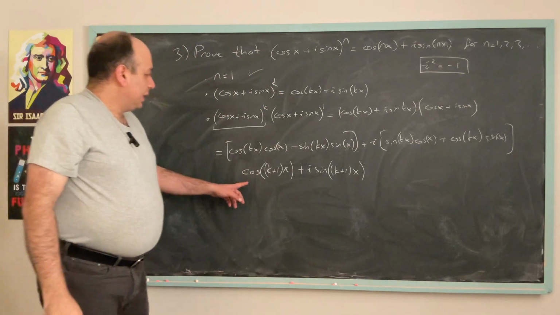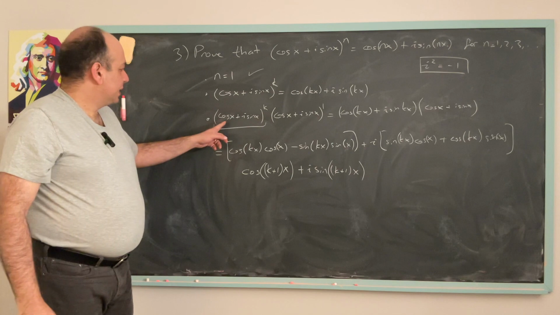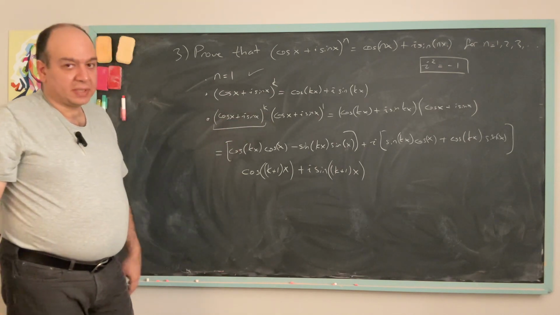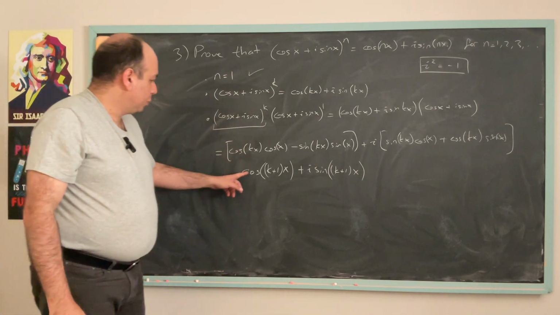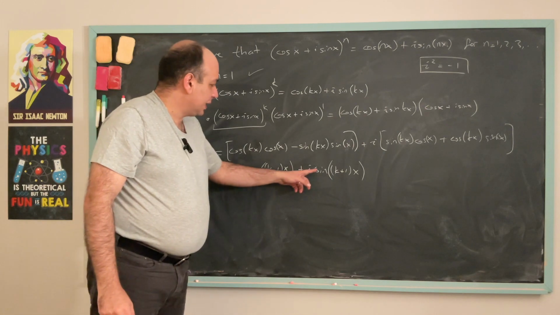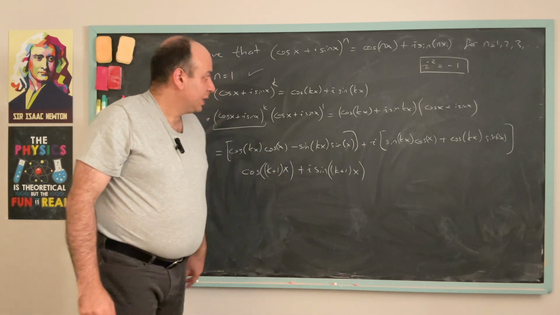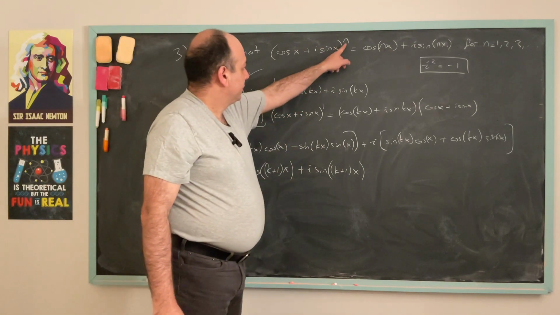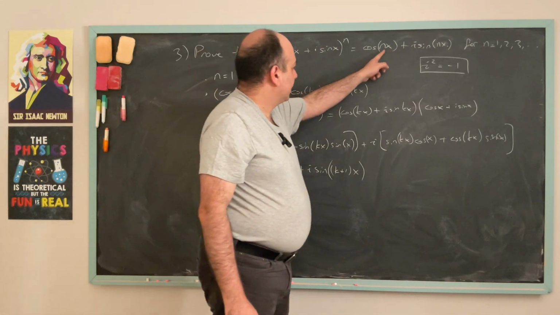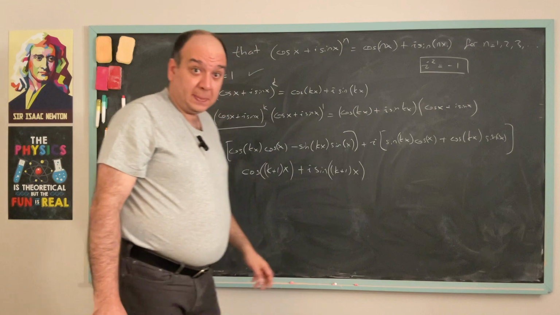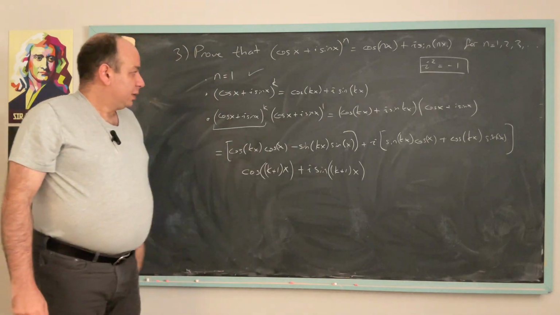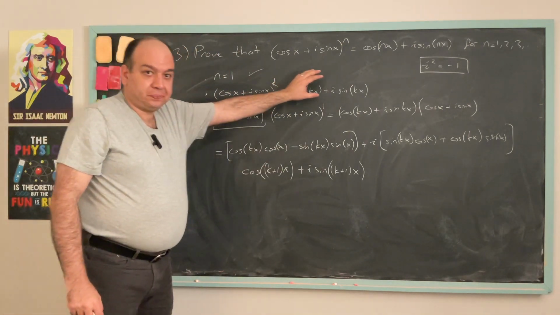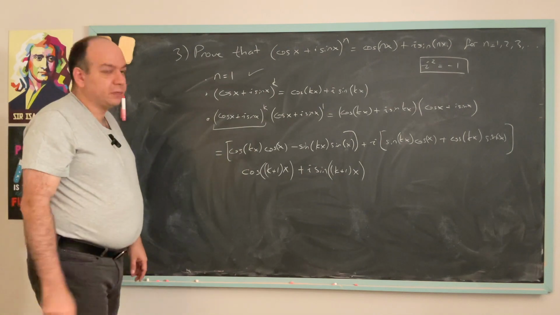And as you see, we prove that cosine x plus I sine x to the power k plus 1 is equal to cosine k plus 1x plus I sine k plus 1x. So this actually completes the proof, right? So I put k plus 1 here and I got k plus 1 here. Okay? For n, based on this assumption. Okay, so we are done with the proof.